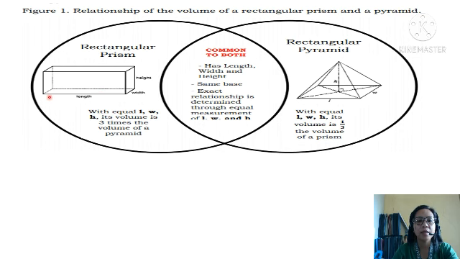What does it have? It has length, as you can see with the pointer, then width, and it has height. Now, the volume of this rectangular prism is 3 times the volume of the pyramid.